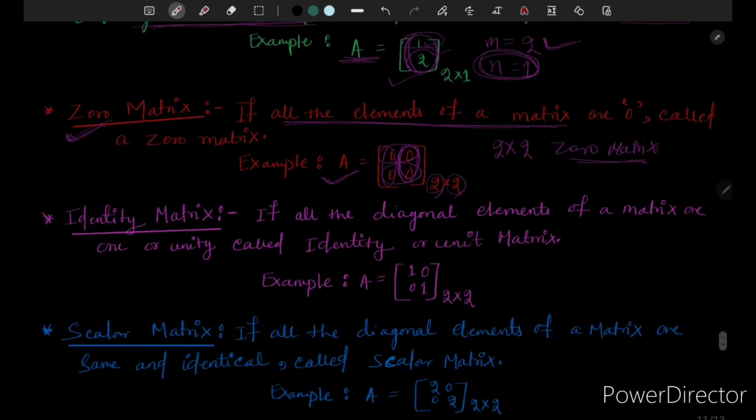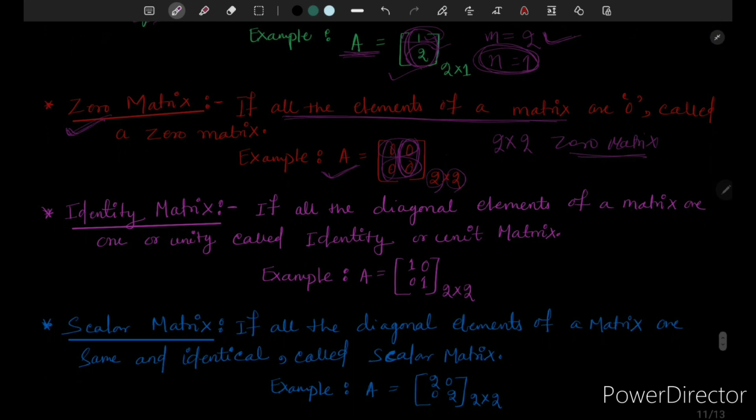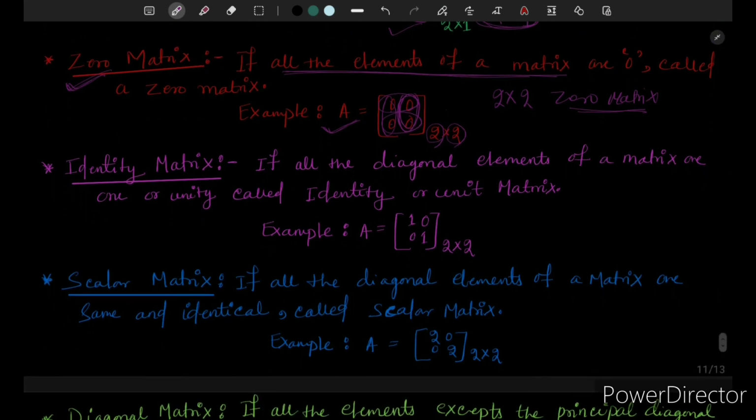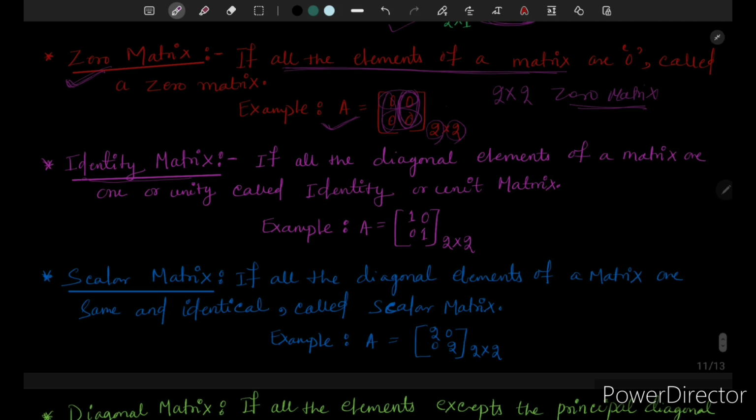Then another type of matrix is called the identity matrix. What is an identity matrix? You all have to remember this concept called diagonal elements.